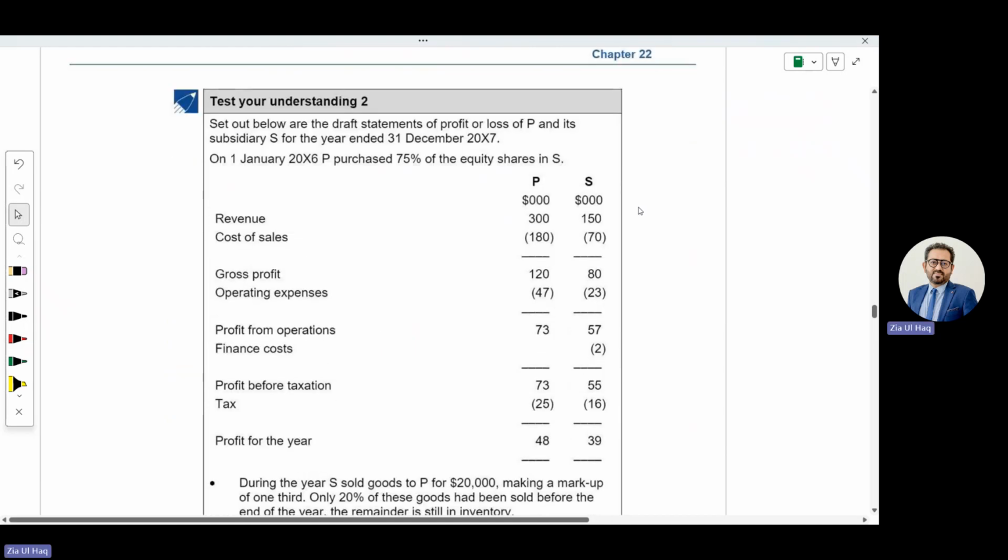Set out below the draft statement of profit or loss of P and S. Year end is 31st December. On 1st January, P purchased 75% of equity shares in S. So at the start of the year, the complete result will be consolidated.